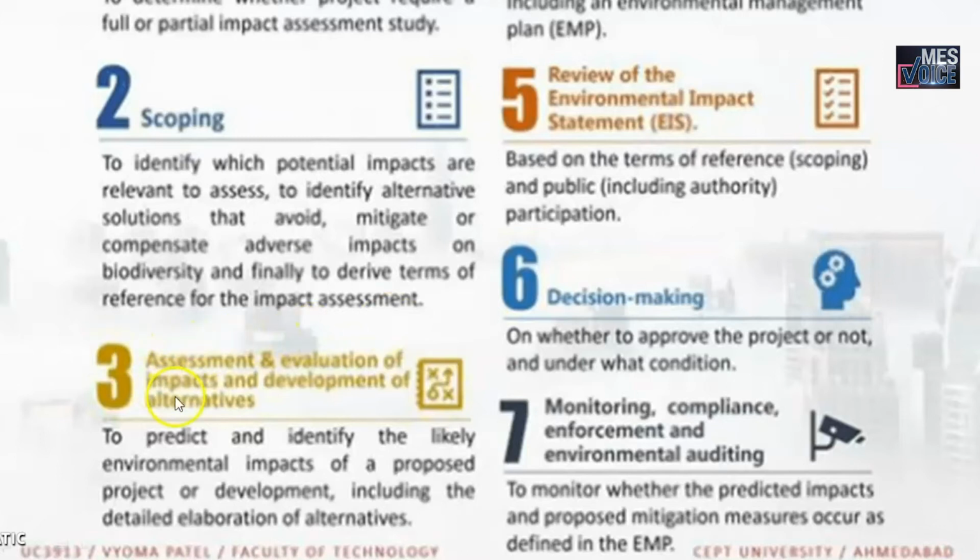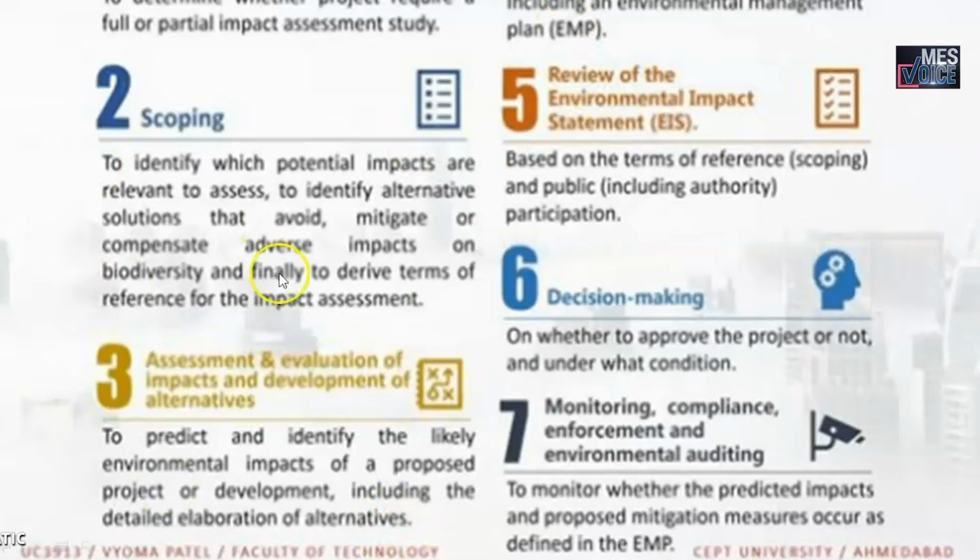And the third one, assessment and evaluation of impacts and development of alternatives. To predict and identify the likely environmental impacts of a proposed project or development, including the detailed elaboration of alternatives.